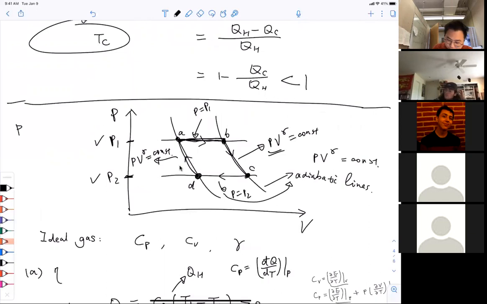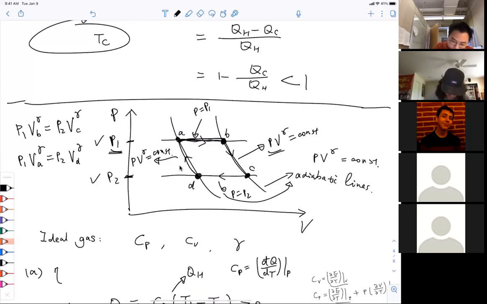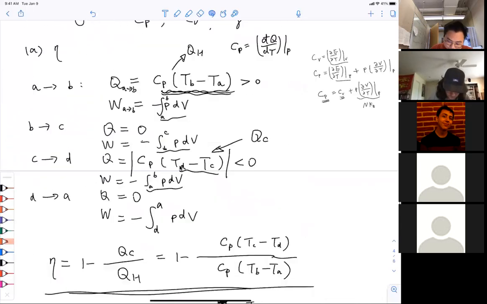Let me write down here: for this point, corresponding to pressure P1, P1 VB^gamma equal to P2 VC^gamma. Similarly, for A and D, you can write down P1 VA^gamma equal to P2 VD^gamma. So then let me copy this to here.